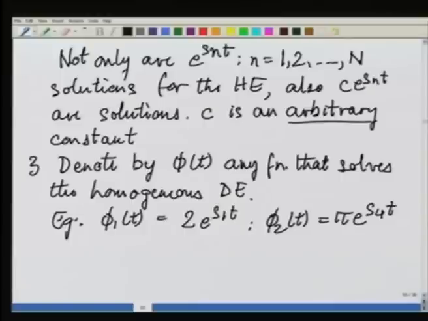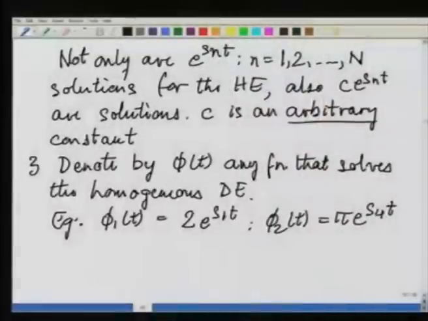Then 2 is another constant, and here I have chosen the root S_1 of the algebraic equation, and here the root S_4. So, in spite of all this variability and freedom, phi_1(t) solves the homogeneous equation, and phi_2(t) also solves the homogeneous equation. I have just taken two different solutions, since I already know at this stage that there are lots of solutions. I can choose 2 of them, I can choose 100 of them very easily.